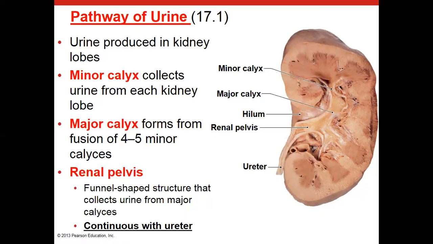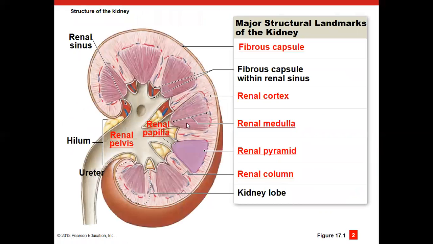So I'm going to flip back to this slide. Right here's a renal pyramid. Right here's a papilla. At the tip of the renal pyramid is this papilla, where urine is sent into a minor calyx. Minor calyces merge into major calyces, and then major calyces merge into the renal pelvis, this whole area here, and the renal pelvis transports urine to the ureter.